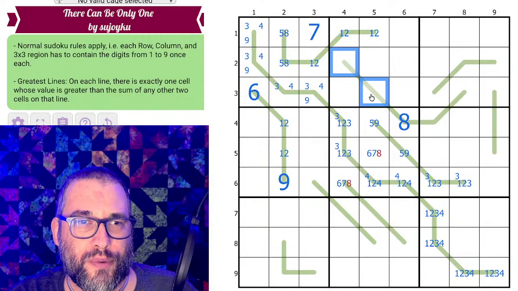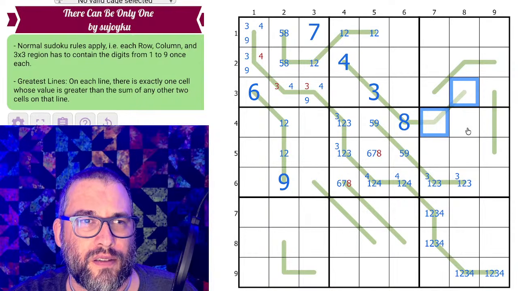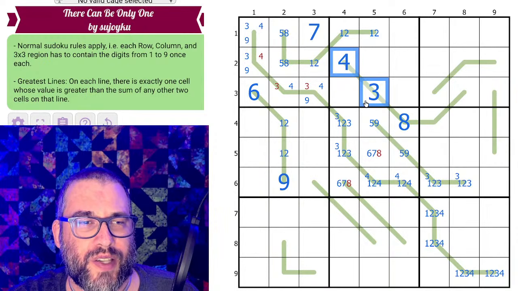So these are 3, 4, and we know the order. And then these are going to have to be 1, 2, I think.